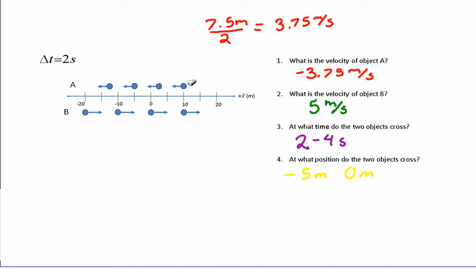Until you put the time intervals above it, 0, 2, 4, 6, it's not going to be obvious that the crossing had to occur somewhere between -5 and 0 meters.